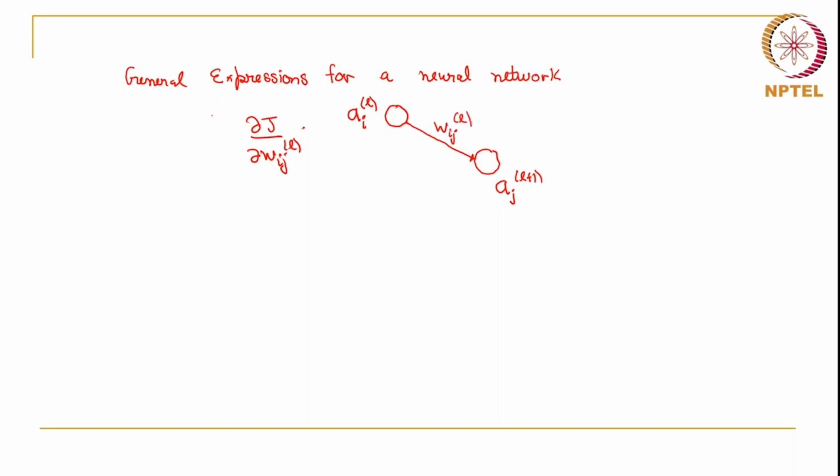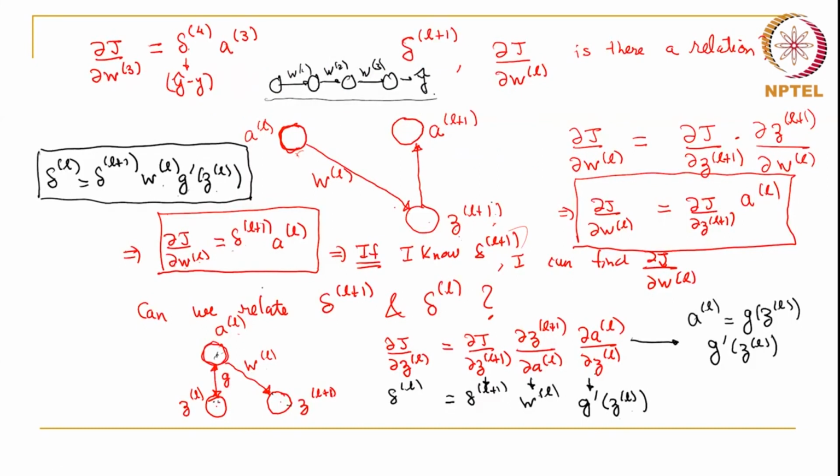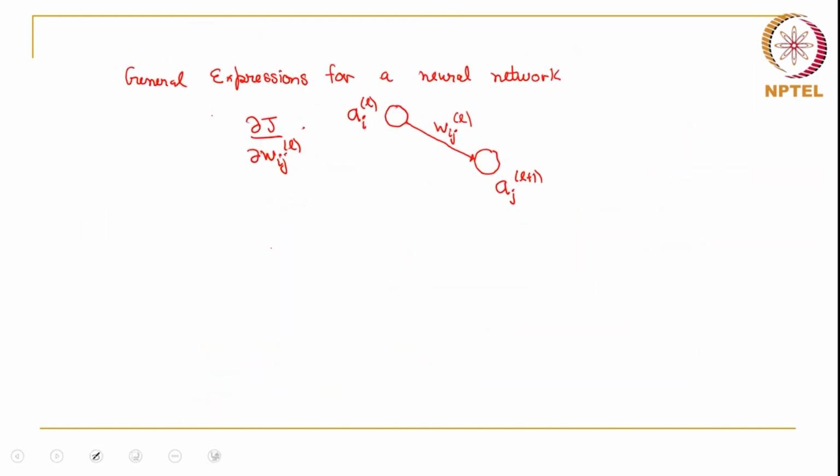Now, remarkably, the expression looks very much like this. It's a very simple expression: ∂J/∂W_ij^L is equal to a_i^L multiplied by delta_j.